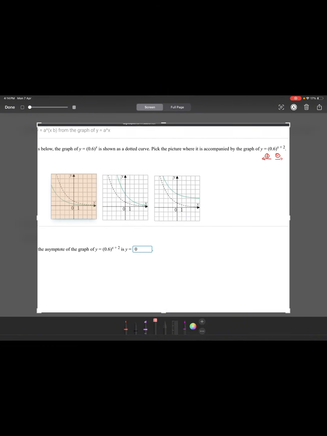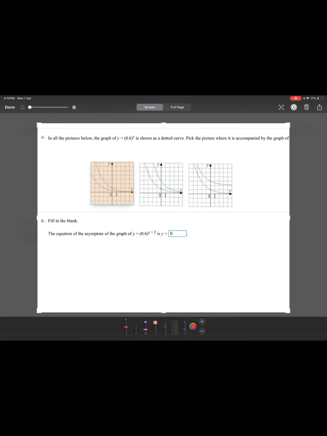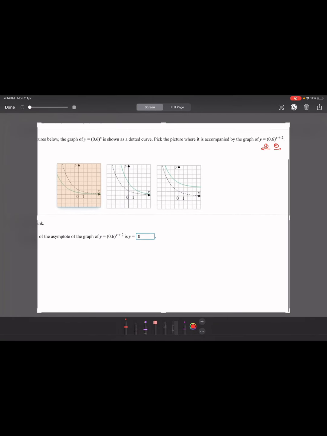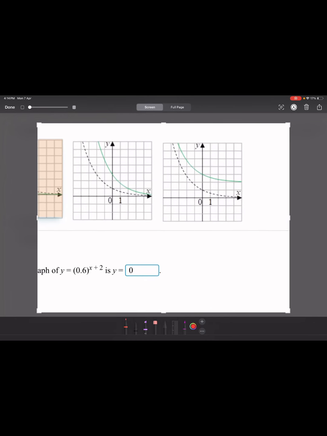So basically, the dotted curve is the original function, okay? We're moving this 0.6 to the power of x twice to the left. So let's start here.